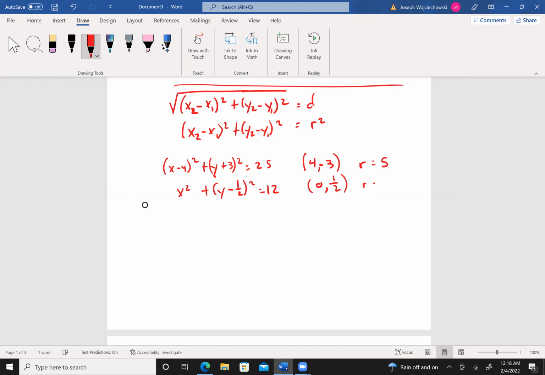And my radius would be the square root of 12. I also have simply x squared plus y squared equals 7. My center will be 0, 0, and my radius is the square root of 7.